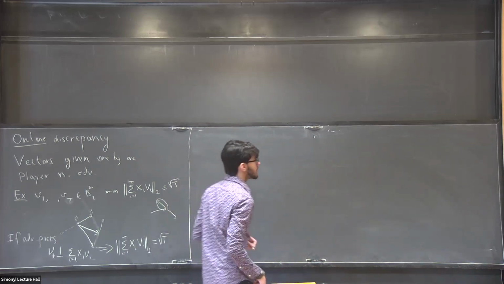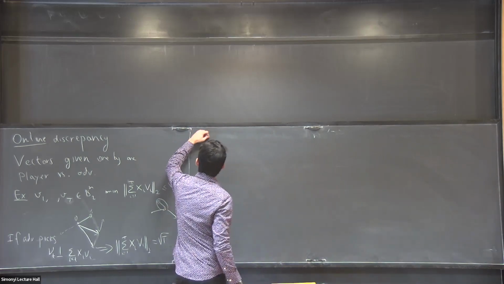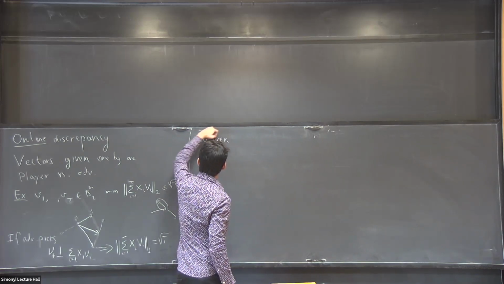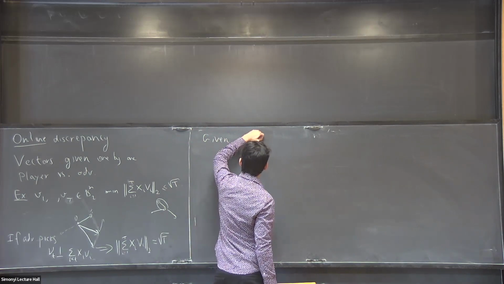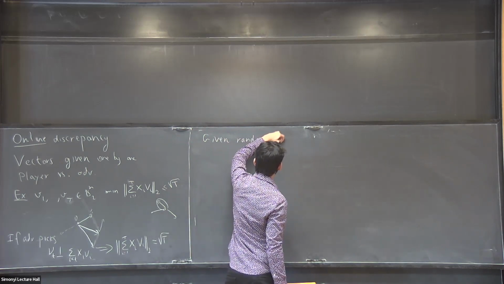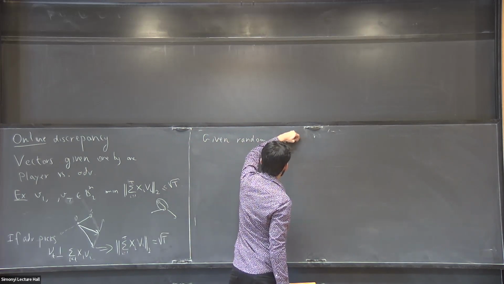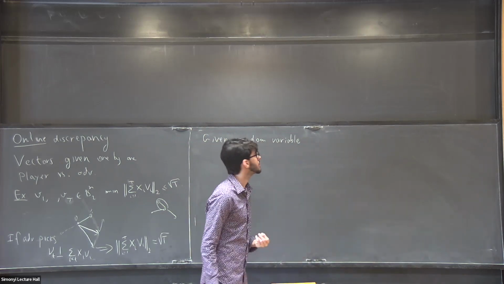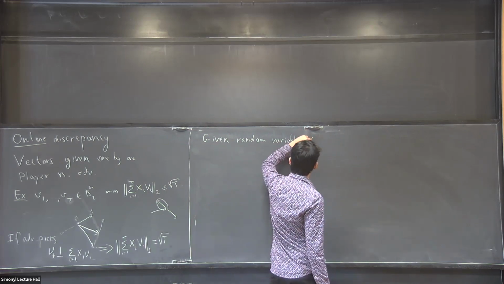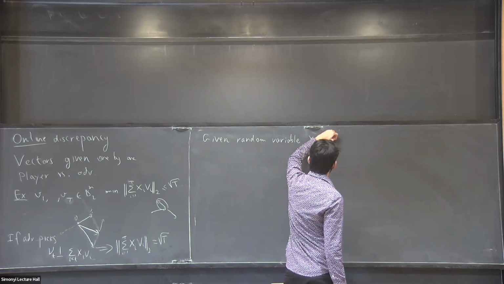So here's the statement we need. Given a random variable, it's slightly more general than what we need, but it's easier to see this way, that's bounded.